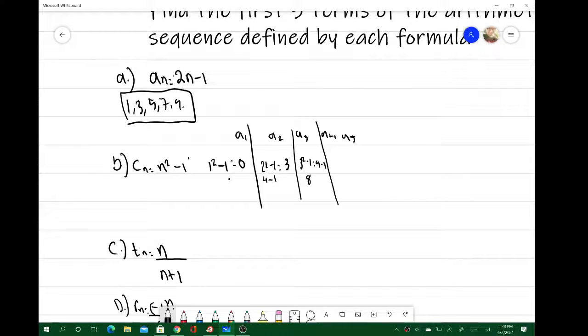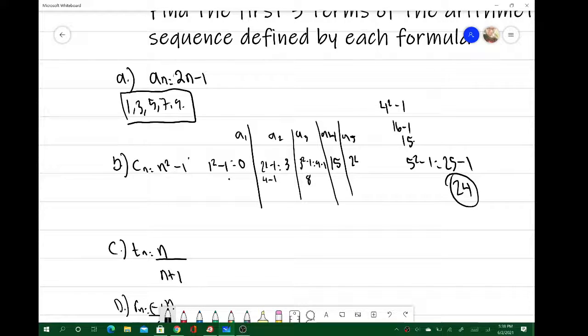And then a sub 4 would just be 4 squared minus 1, which is 16 minus 1, which is 15. And then a sub 5 would be 5 squared minus 1, which is 25 minus 1, which is just 24.